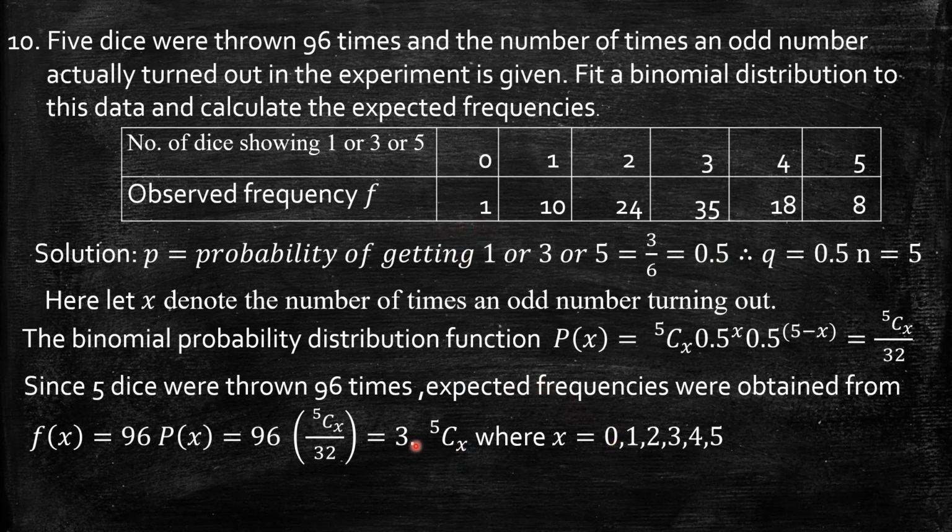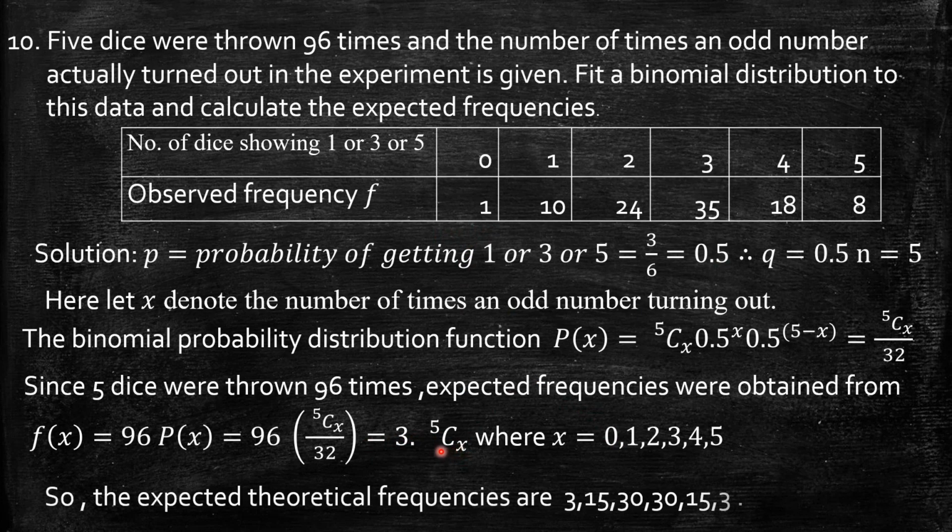So when x equals 0, 3 into 5C0, that is 3 into 1, which gives 3. When x equals 1, 3 into 5C1, that is 3 into 5, 15. Likewise, 5C2 is 10, so 3 into 10, 30. 5C3 is the same as 5C2, so that is again 3 into 10, 30. 5C4 is the same as 5C1, so that is 3 into 5, 15. 5C5 is 1, so 3 into 1, that is 3.